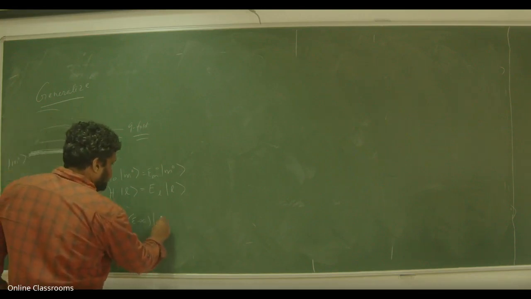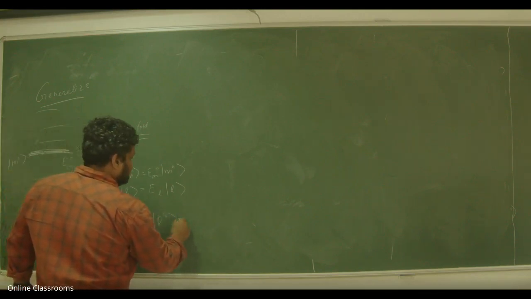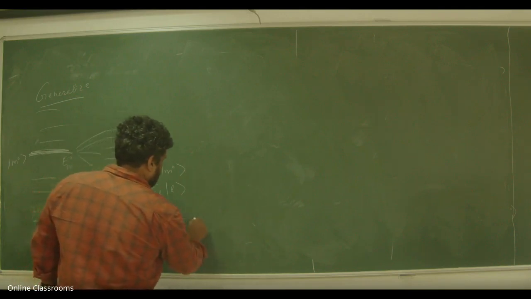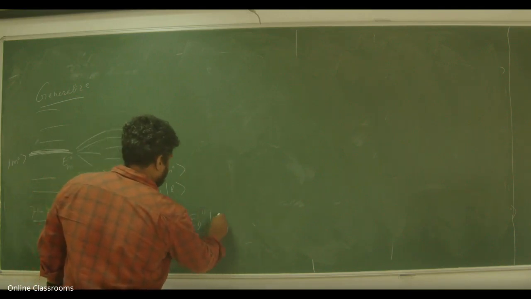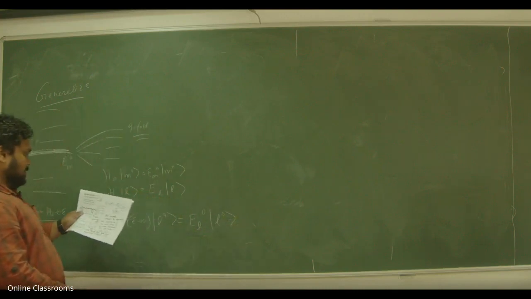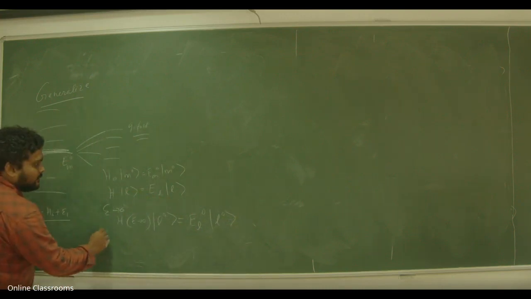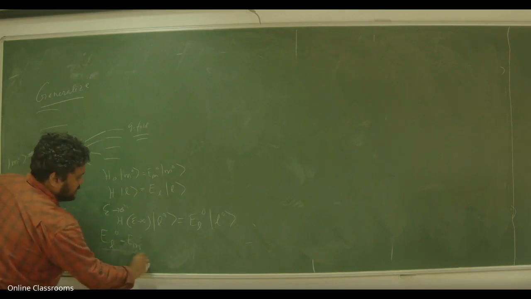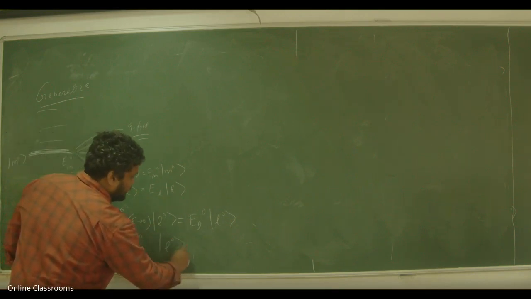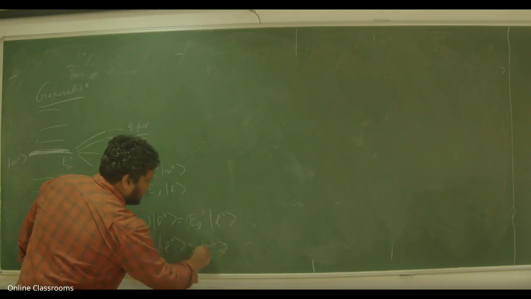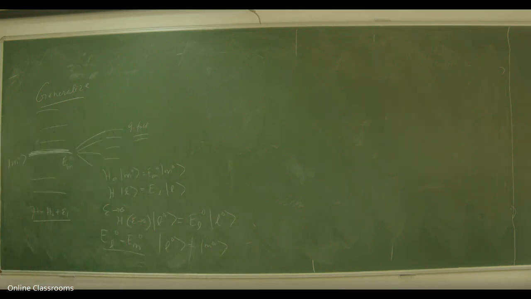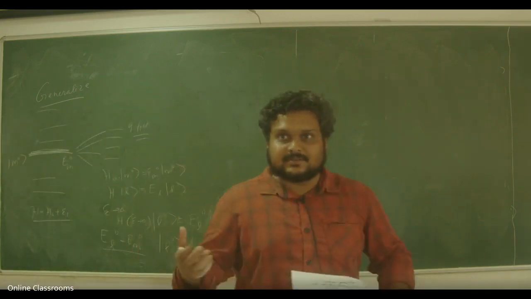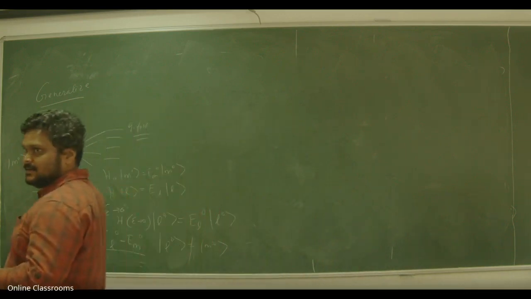Then I expect this to become some L naught. Now what do I want? I want the E L naught. Of course, E L naught will be equal to Em naught, but there is no guarantee that L naught will become m naught, right? Because it's an arbitrary linear combination. So I want to ensure first that I choose my m naught such that it always comes back to that. Okay.